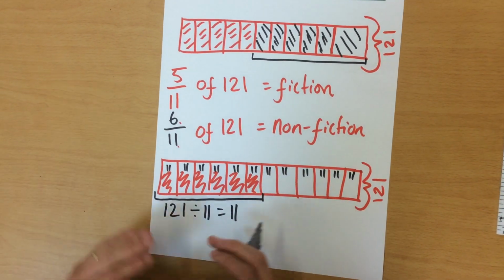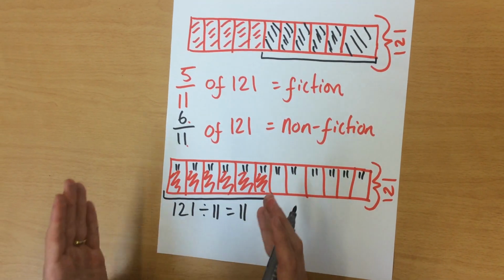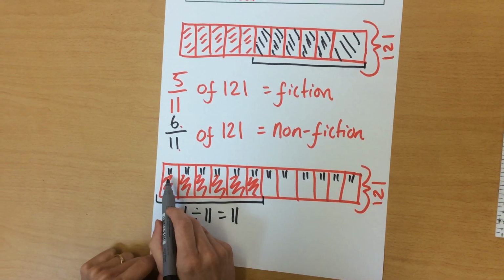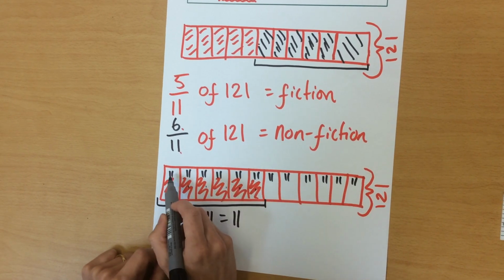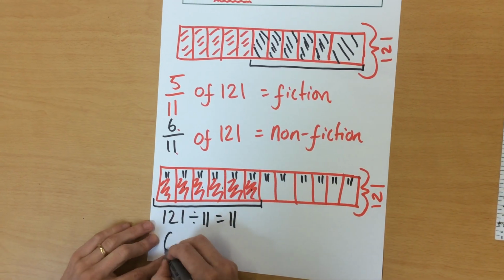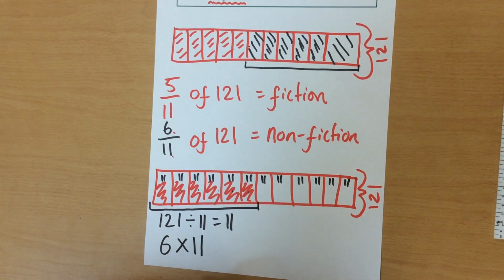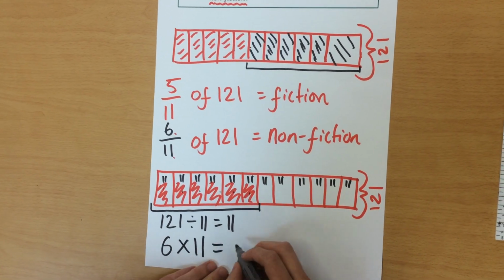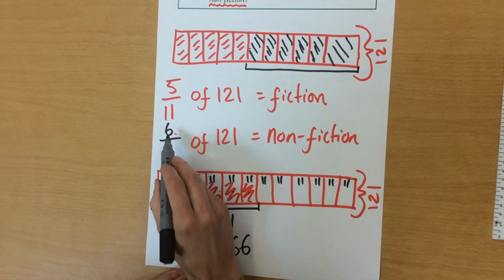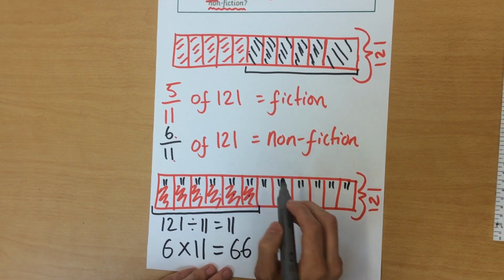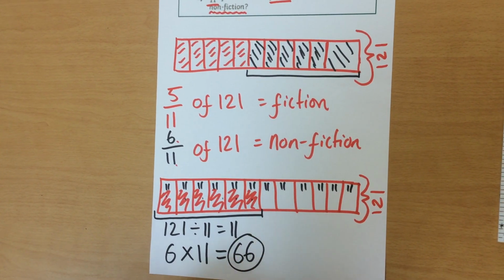So what calculation do I need to do now to calculate the answer? I've got 1, 2, 3, 4, 5, 6. 6 lots of 11. Well, that's just 6 times 11, which is 66. So 6/11 of 121 is 66, and that is my answer.